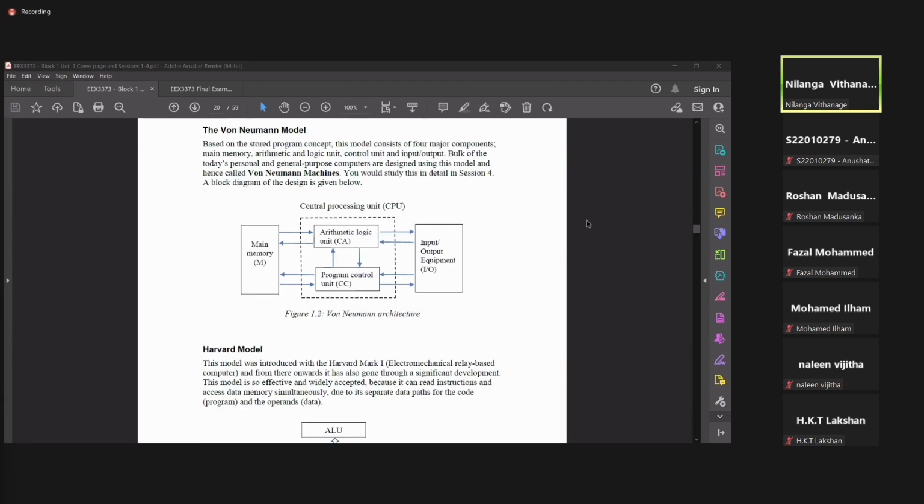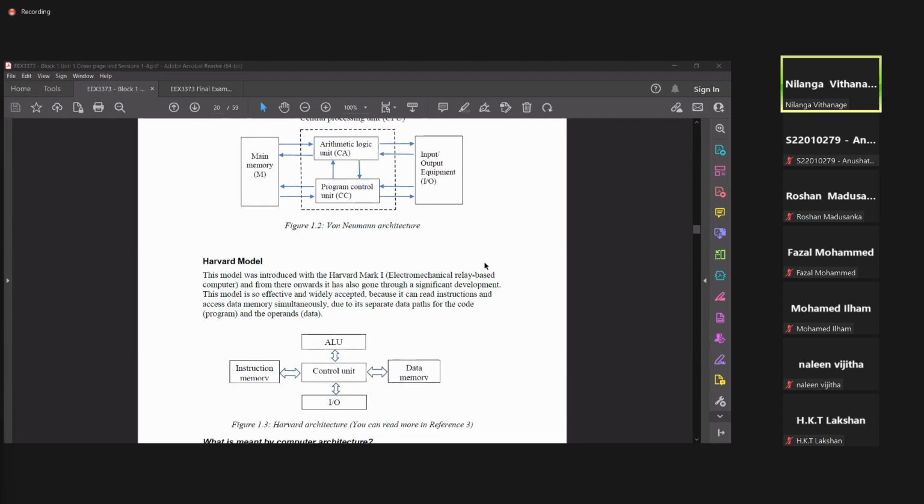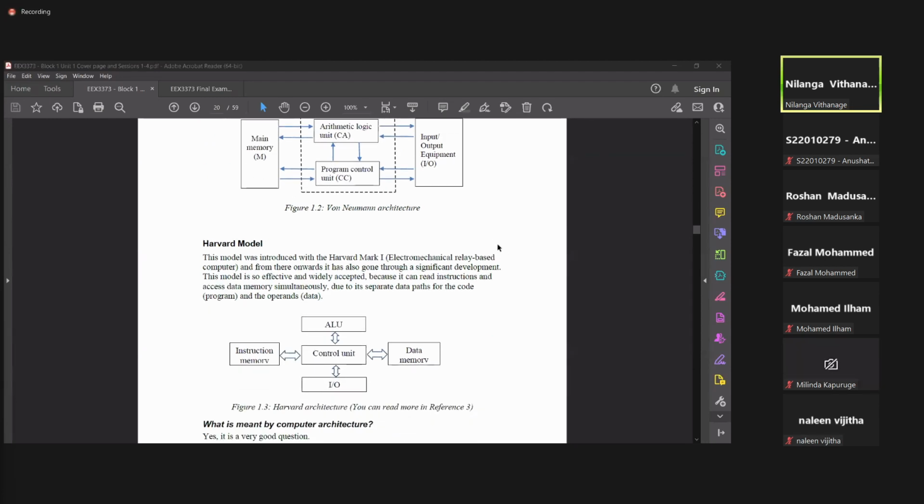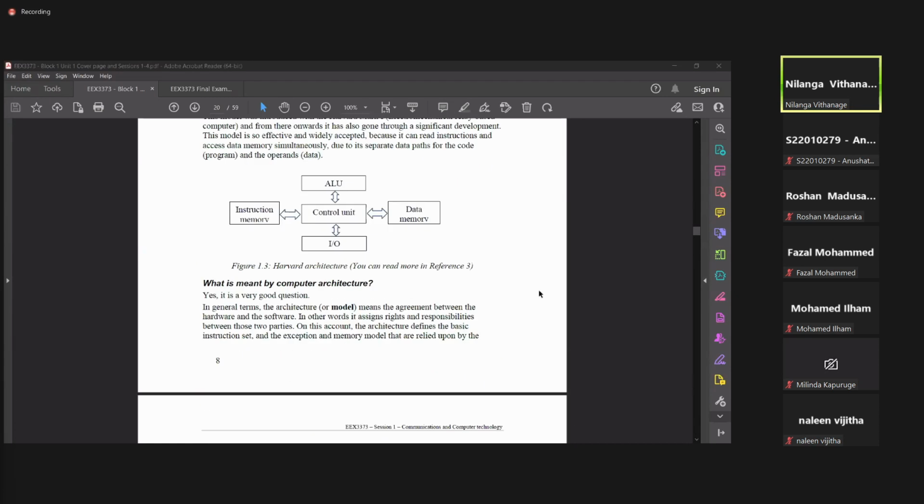Also, you can share clear information. If you try to explain everything in words, sometimes you may not be able to explain everything correctly. But if you use these kinds of diagrams, the explanation is really easy.